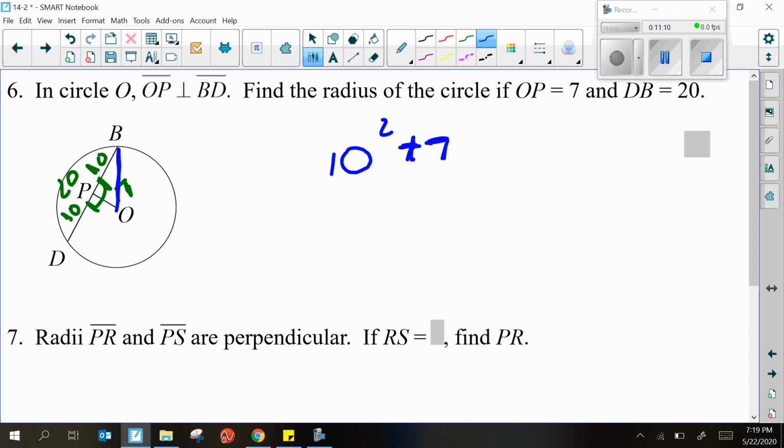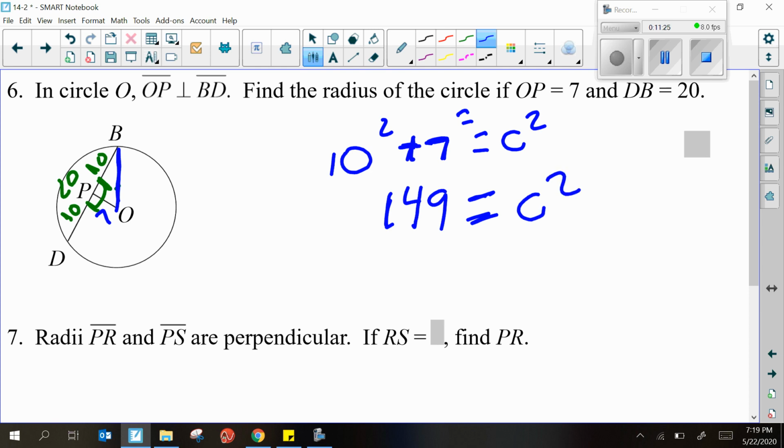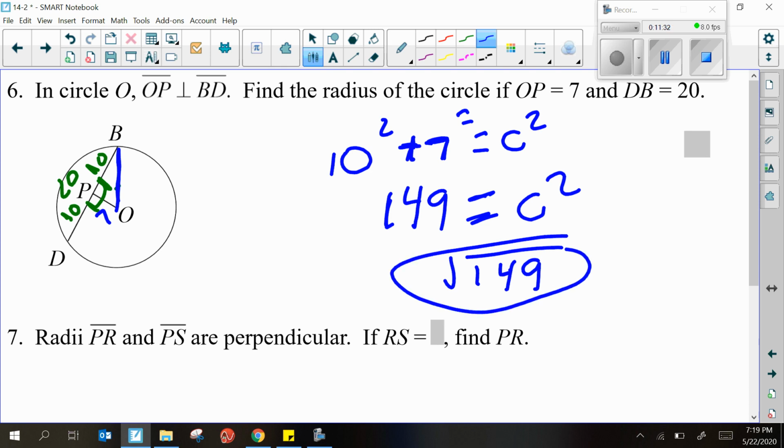It looks like right now it's the hypotenuse, but I wrote it in for OP. Squared equals C squared. So 100 plus 49 is 149 equals C squared. And I take the square root, and that's just the square root of 149. And there's my radius.